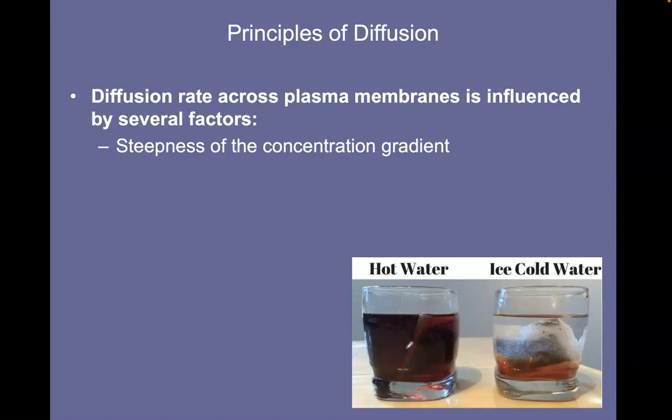So I may smell her lovely gas before I smell a small dog's gas, just because her concentration gradient is going to be steeper. The steepness of that gradient is going to affect the rate of diffusion.